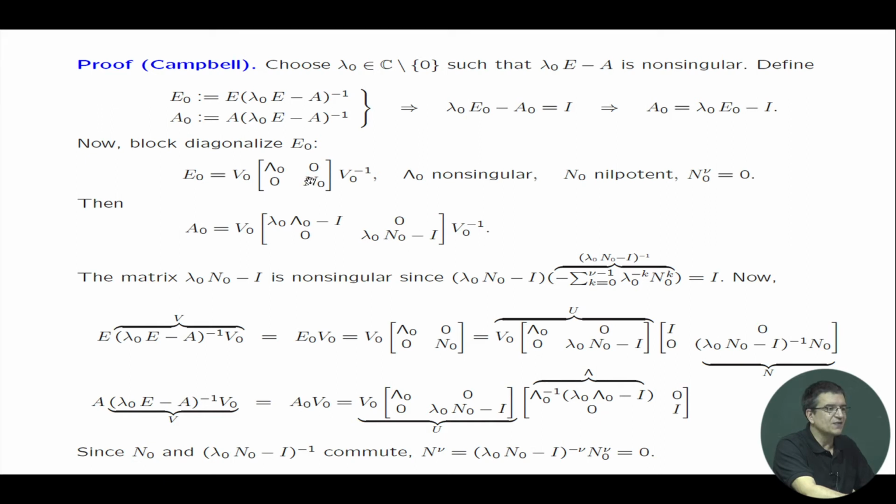And if we collect all these Jordan blocks here, we get a nilpotent matrix. And here it's not necessary that we bring this block to Jordan canonical form. We just have to make this separation, the nilpotent part from the non-nilpotent part.